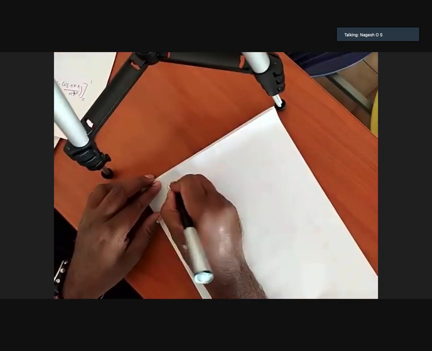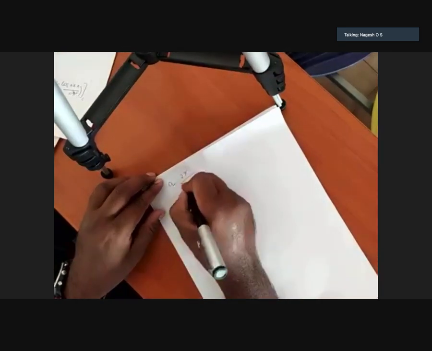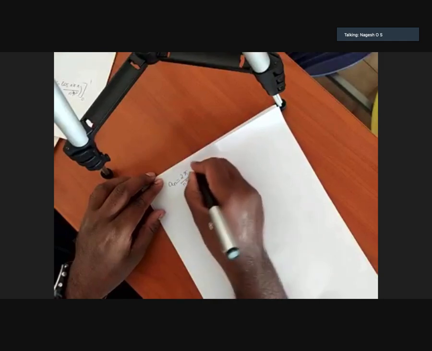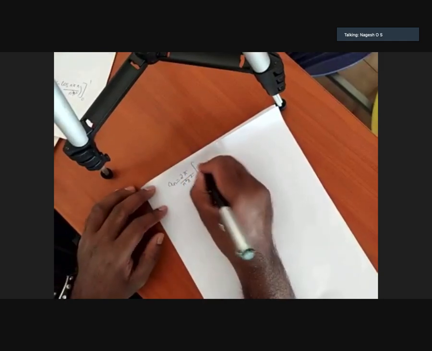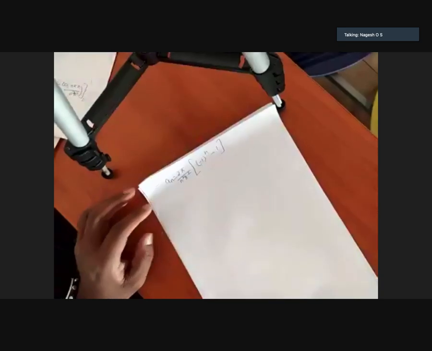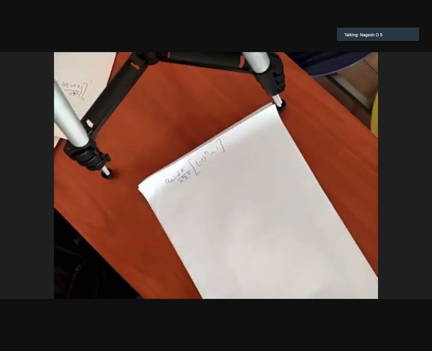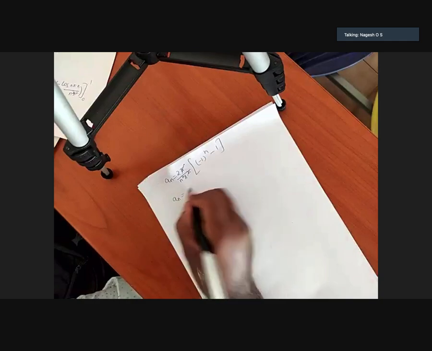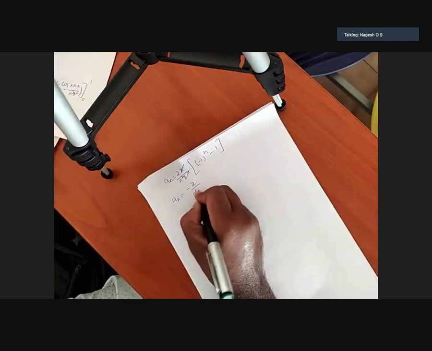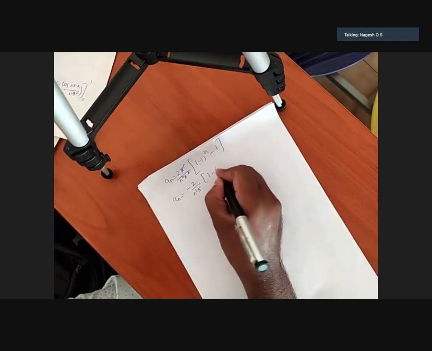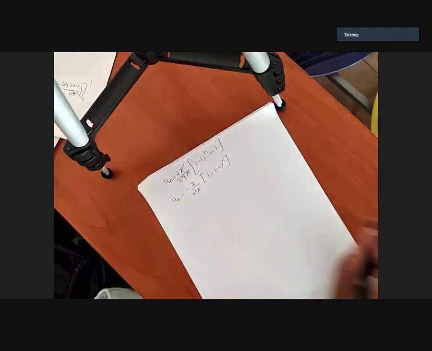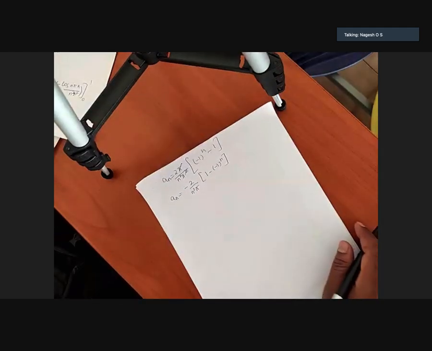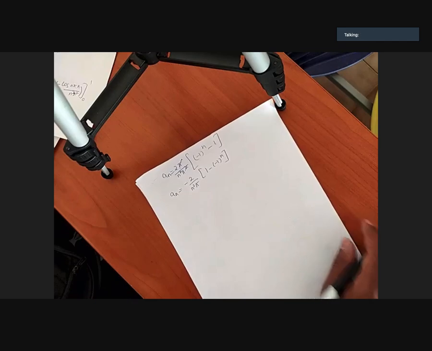An is equal to 2 pi by n square pi square, minus 1 power n minus 1. Cancel out this pi. An equal to minus 2 by n square pi, 1 minus 1 power n. So we got an also.